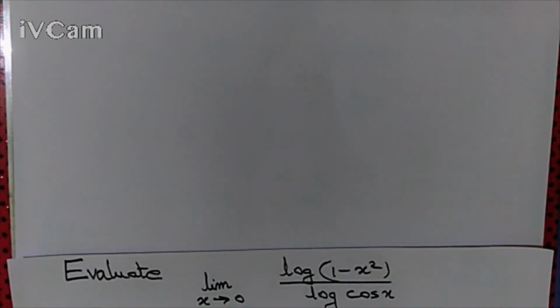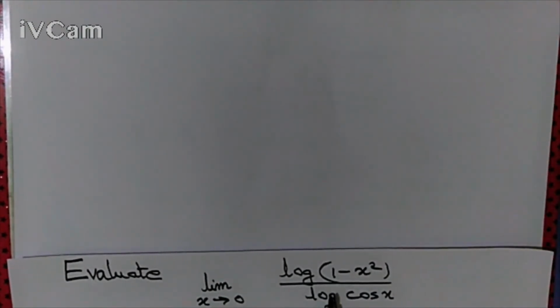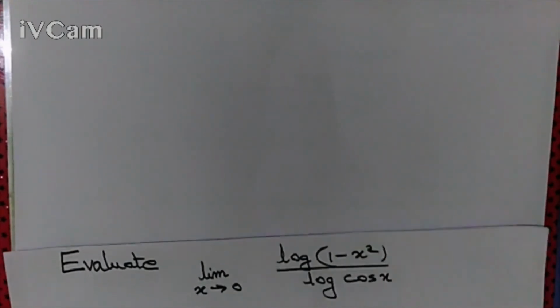We want to evaluate limit x tends to 0 log of 1 minus x squared divided by log of cos x.